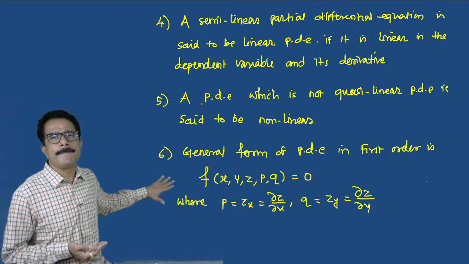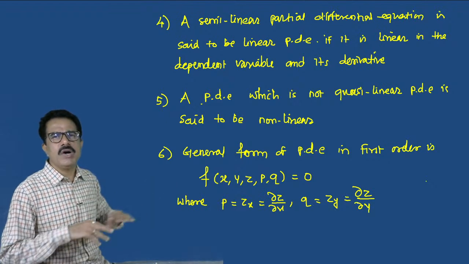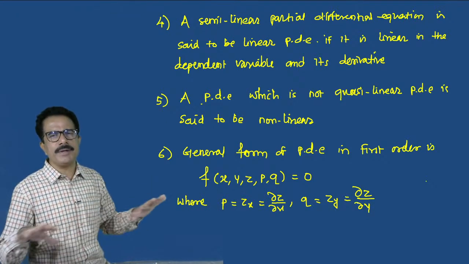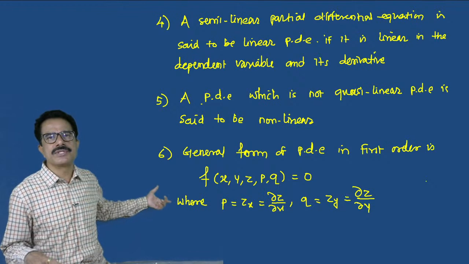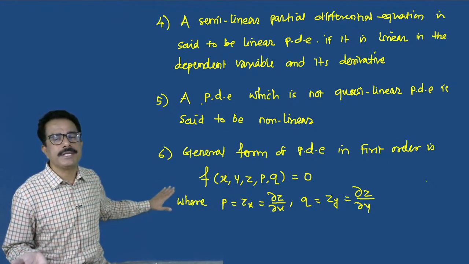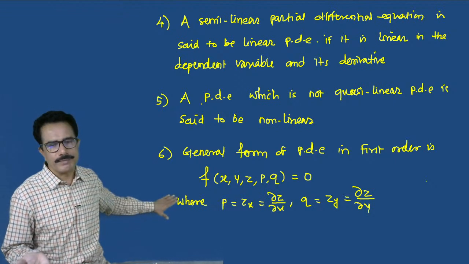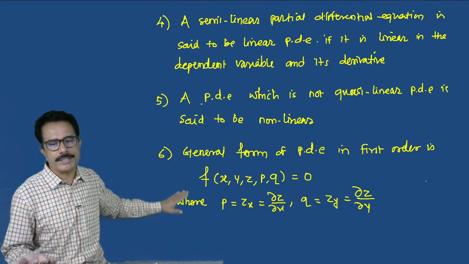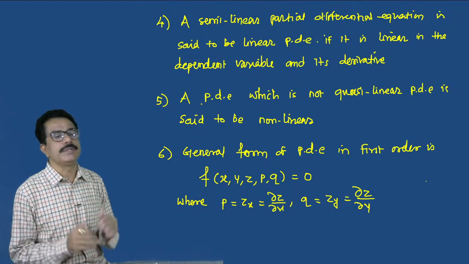This is the form used in the maximum number of books. Already we have used this partial differential equation of the form f of x, y, z, p, q. This is okay.